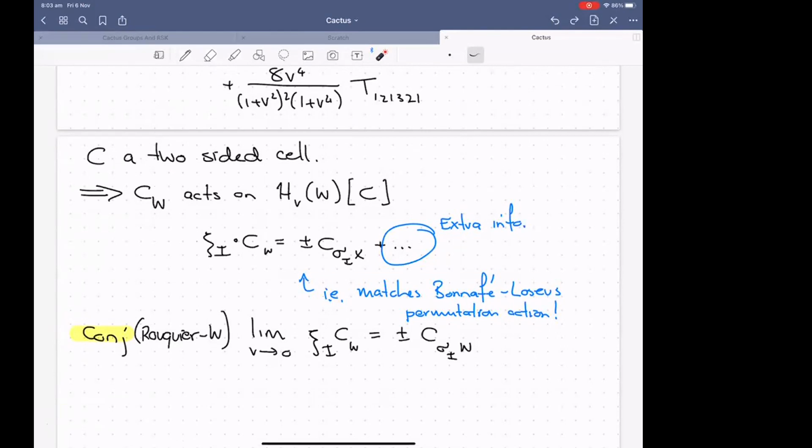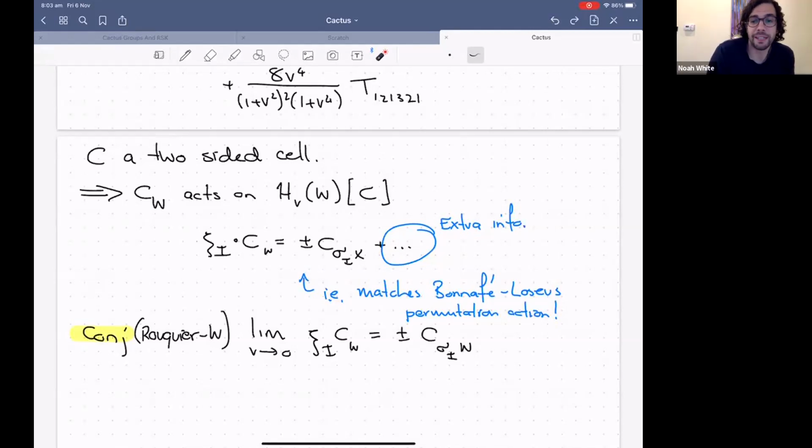Cool. And your question about having actions of these on derived categories, is this isomorphic to the question of categorifying these? Probably.